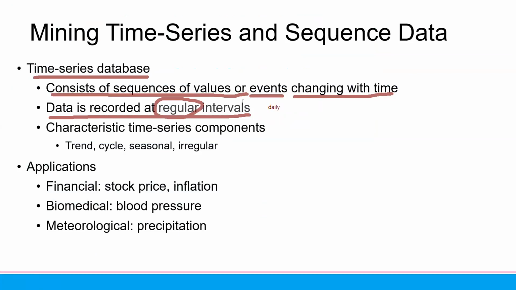Daily data is like the stock, in the morning and the afternoon. Or we can have the data weekly, so it is also regular. Or we can have the data monthly, so it's also regular.